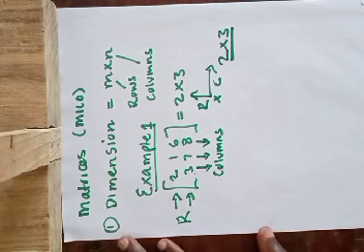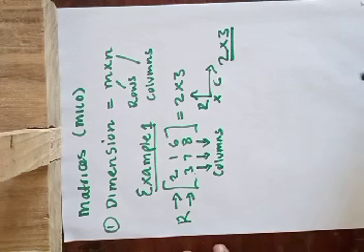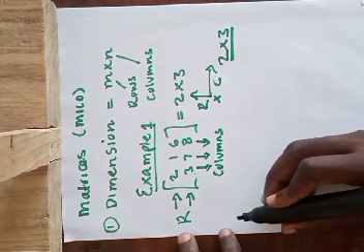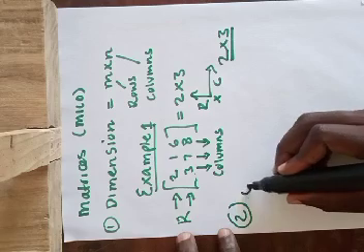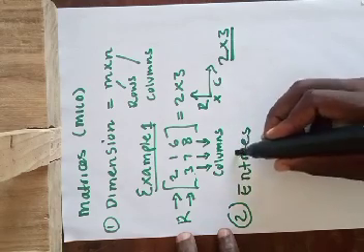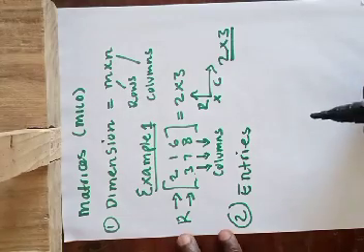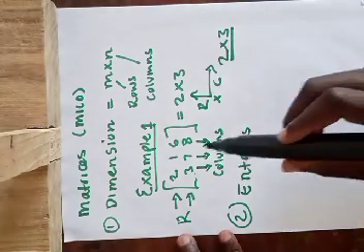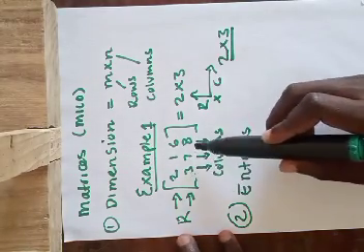The other part that you should know, which is very important and cardinal for you, is the entries in a matrix. By entries in a matrix, we are locating each and every number which is in a matrix.